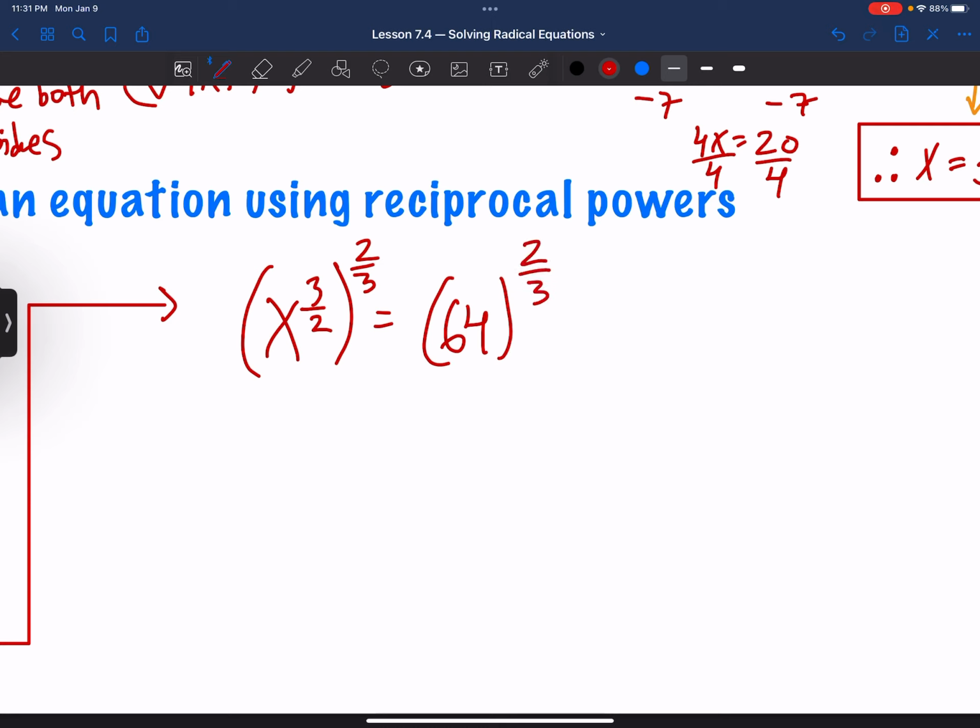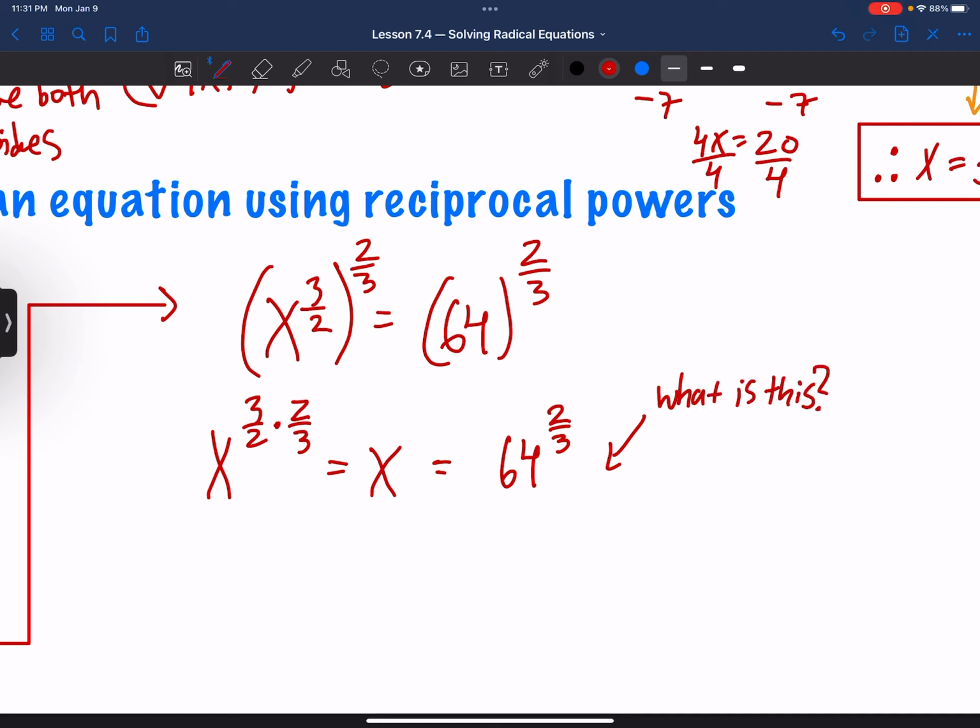So the left side becomes x to the 3/2 times 2/3, which is just x. But the right side equals 64 to the 2/3. Now the question is, what is this?